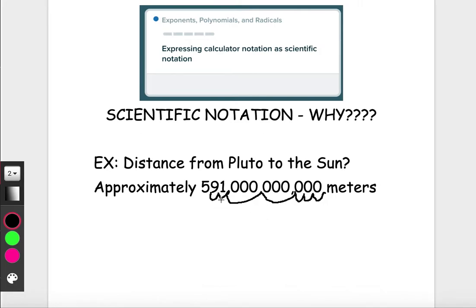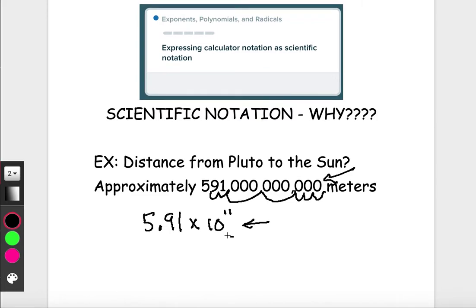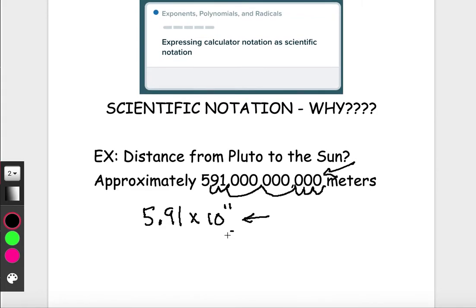So we go 11 places, and then we write it as 5.91 times 10 to the 11th power, because I moved that decimal 11 places. This is a nice, concise, and easy way to write this number. Looking at it this way gives you a better idea of just how big it is, but it's a lot easier to work with. It's called scientific notation because it's used primarily in scientific applications, especially in chemistry and physics.